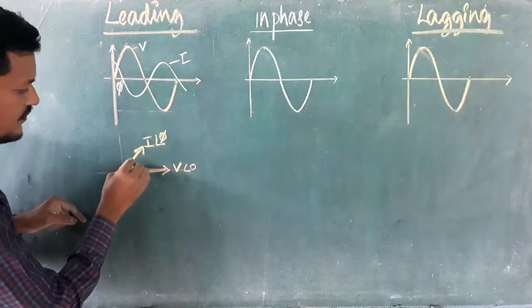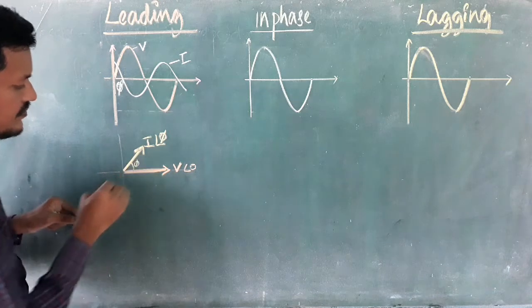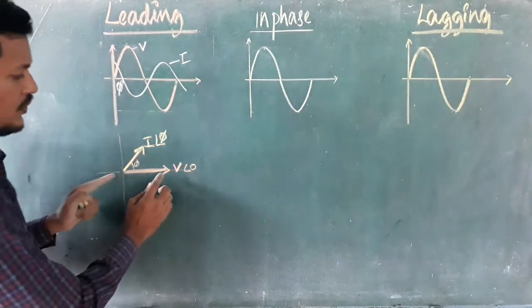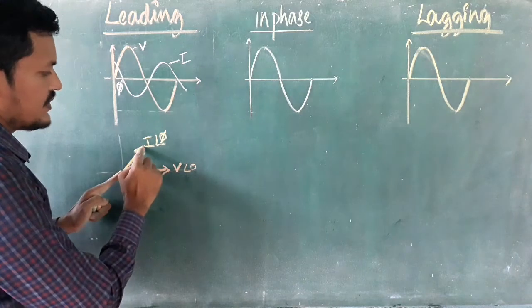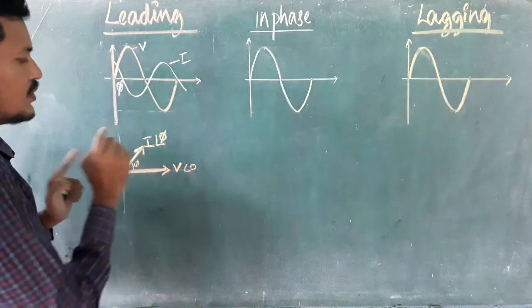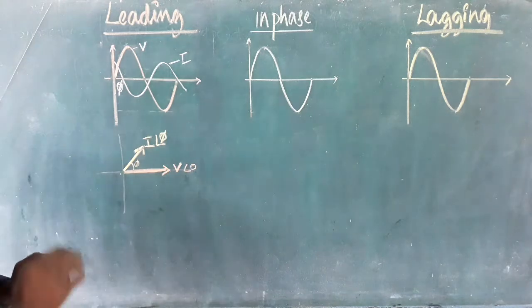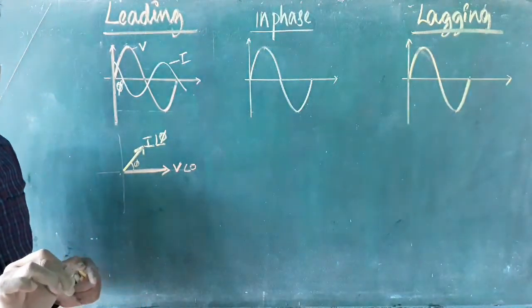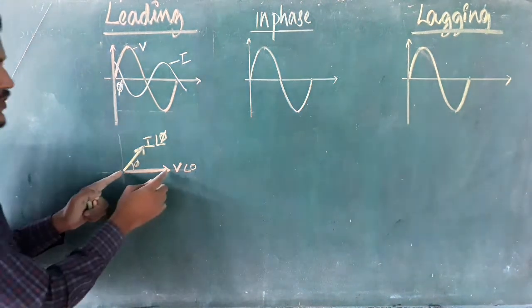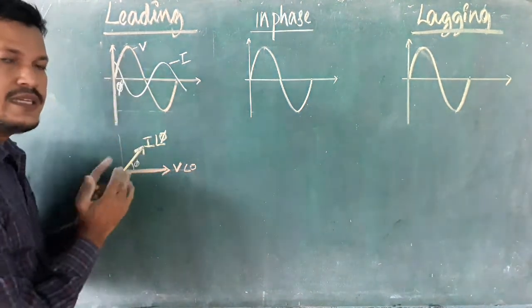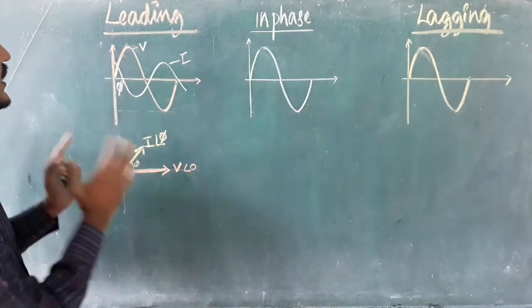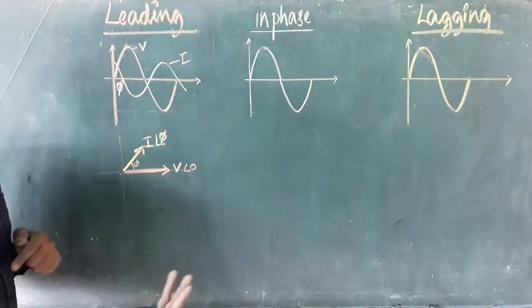So we have the voltage phasor and the current phasor. The problem is that power is always voltage and current, but here the voltage and current are at different angles because of the leading condition. The current is leading the voltage.